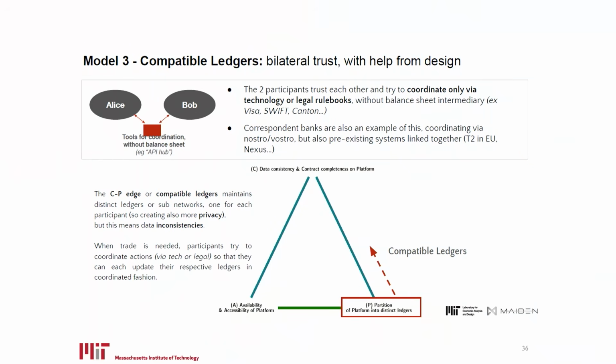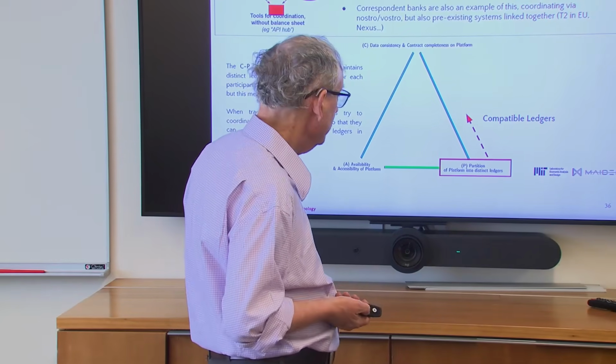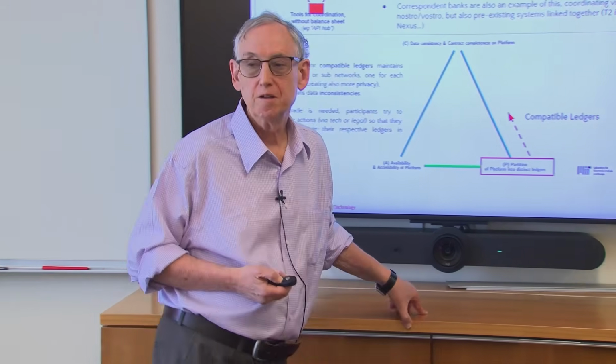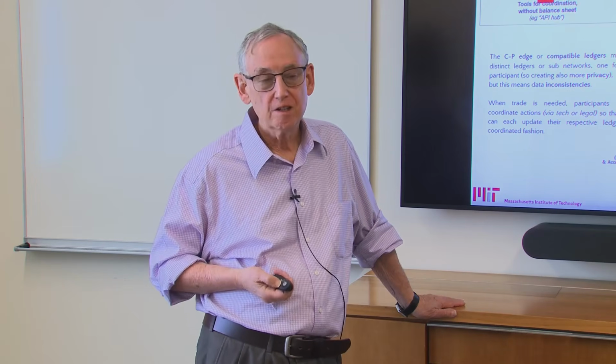And finally, we get to so-called compatible ledgers. You might say unified ledgers. So at this point, you're like, which is which? The BIS was referring to unifying multiple ledgers. That's what they had in mind, as opposed to having one unique common ledger to begin with.